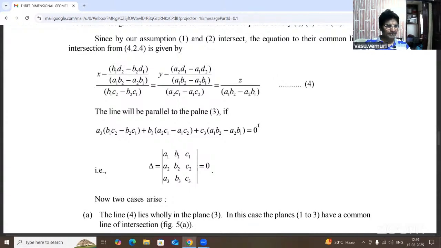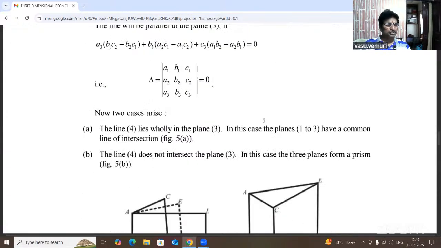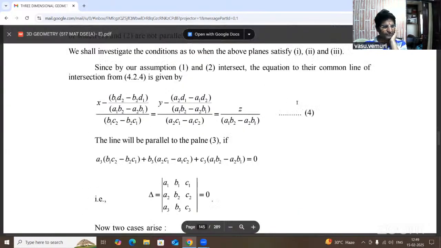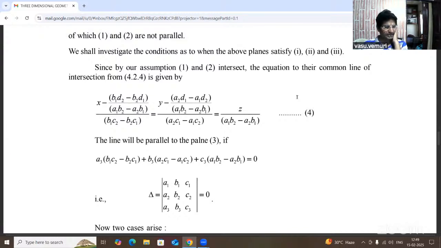The line will be parallel to the third plane equation, whose normal is a3, b3, c3, if a3 L plus b3 M plus c3 N is equal to 0.